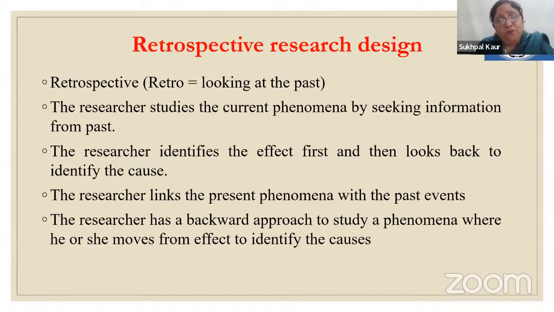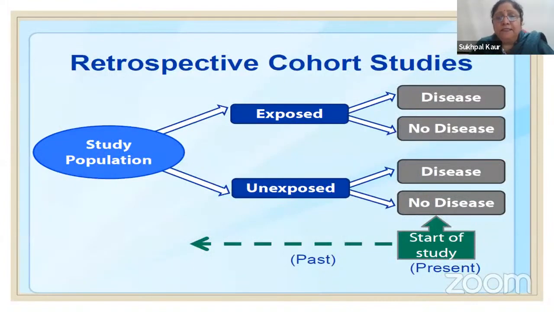So in retrospective, we are going backward. This is the design, just to make things more clear. You can see here, this is the start of study, which is the present. So we have the exposed group, we have the unexposed group, and the exposed group can be having disease, or there could be no disease. Similarly, the unexposed person can be having disease, or that person may not be having disease.